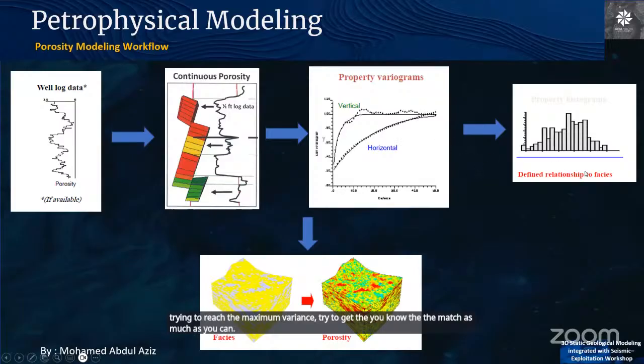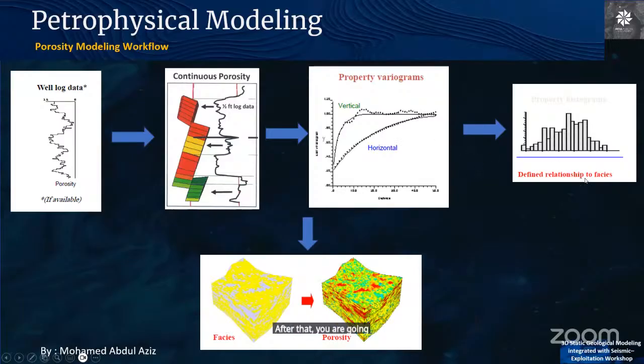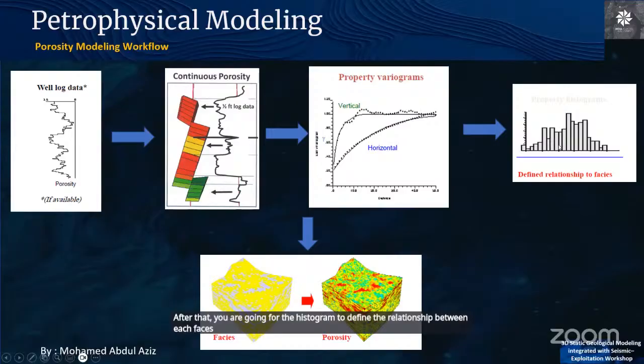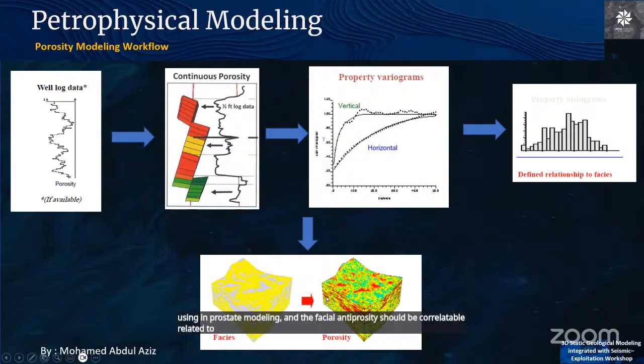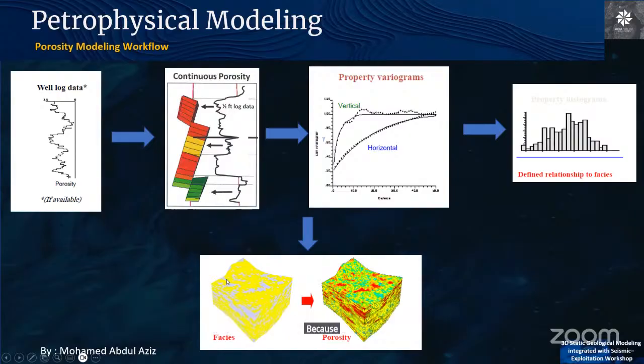After that, you go for the histogram to define the relationship between each facies and see the upscaling relative to the well log data, in order to come up with the 3D facies modeling for use in porosity modeling. And the facies and the porosity must be related to each other.